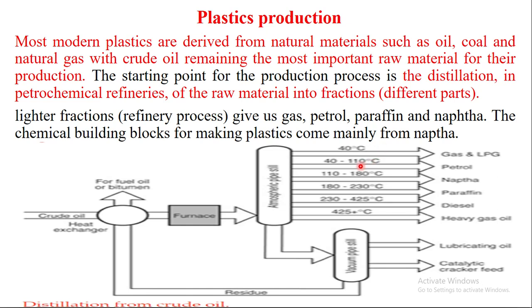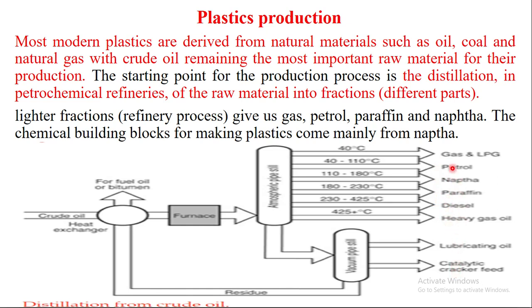See this one: for petroleum, 42 to 110. For naphtha, 110 to 180. These are their temperature levels. So many products are produced from crude oil. By applying heat at different temperature levels, we can get different products.